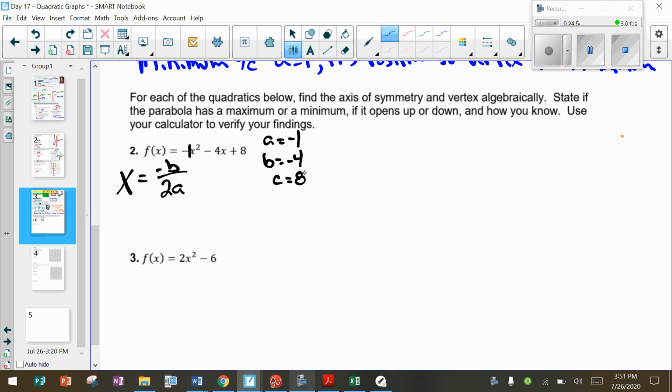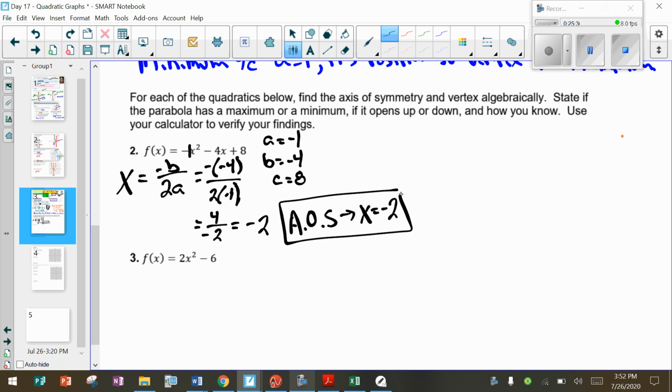The numbers we need for our formula, negative b over 2a, so that is negating the negative 4 over 2 times negative 1. Negating negative 4 is positive 4. 2 times negative 1 is negative 2. And 4 divided by negative 2 gives us an x value of negative 2. So our axis of symmetry is at the line x equals negative 2.